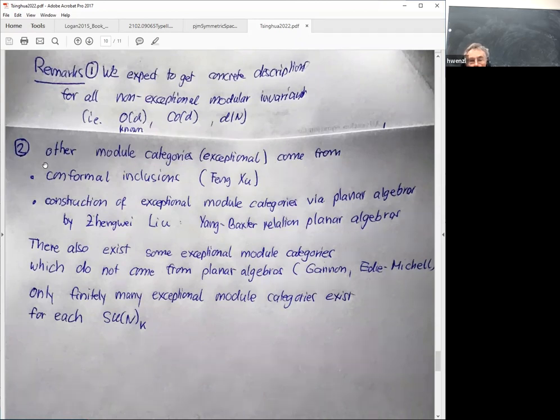And if there's interest, I can explain what this exactly means. It has to do with representations of loop groups.